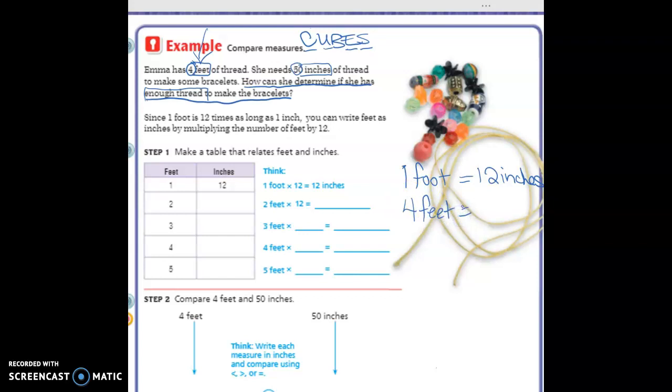Now, this is where us learning multiplication really comes in handy. So, pretty much, it's saying instead of 1 foot for every 12 inches, we actually have 4 1-foot pieces. So that's pretty much doing what? 4 times 12, because we have 4 12-inch pieces. Does that make sense? Hopefully it does.